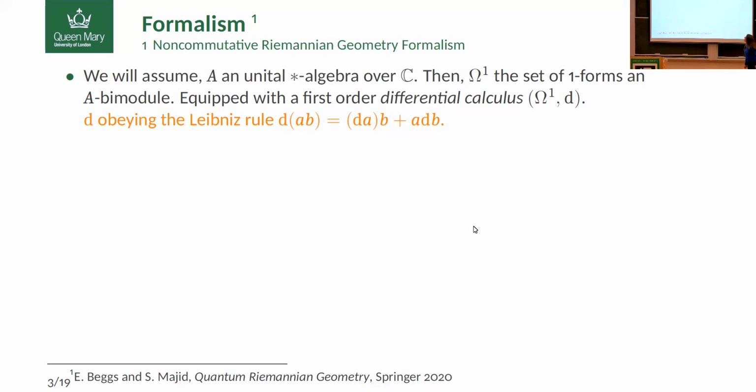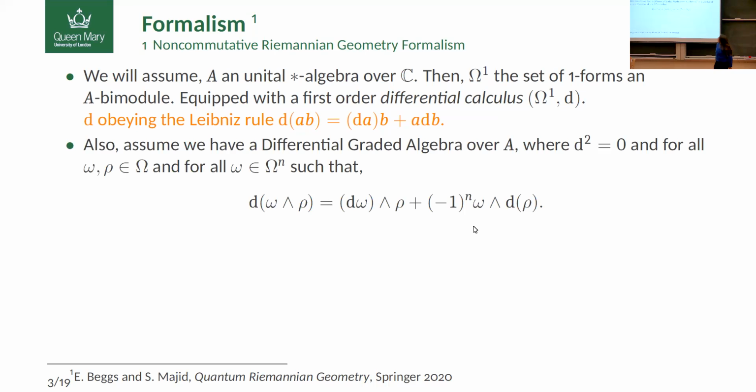Of course, the star is related because we're working over C. I'm going to give it the function that is going to work like the differential, and I'm going to work with one forms using the map d that is going to satisfy only the Leibniz rule. Also, I want to have a differential graded algebra, and therefore I'm going to ask the map d to behave with the graded algebra like this, with the wedge product.